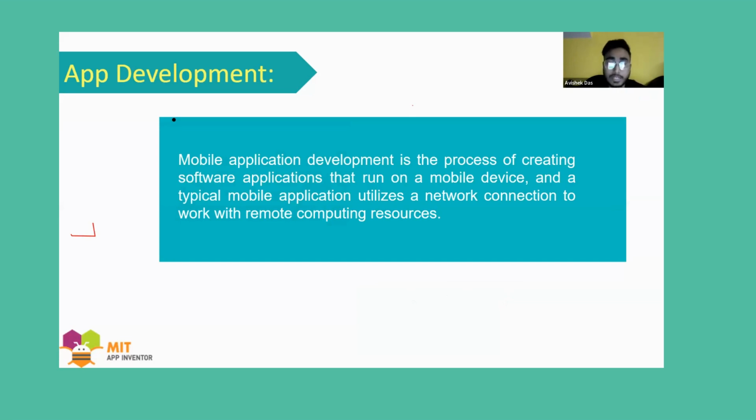Today, for the mobile app that we are going to develop, we will not only develop the app, but also try to understand the internal architecture of app development. Like if there is a screen and I click a button, what would happen, or what is the utility of it?